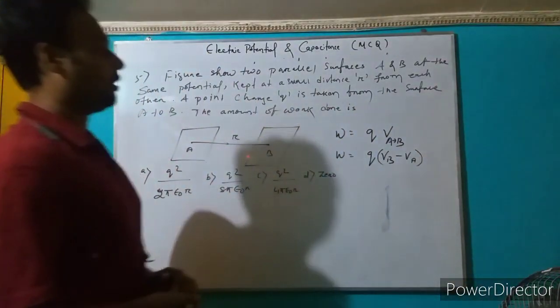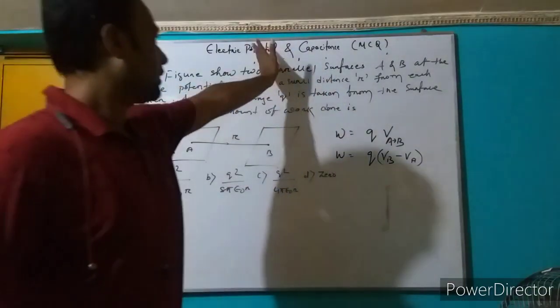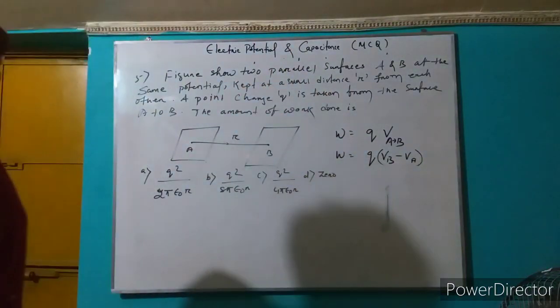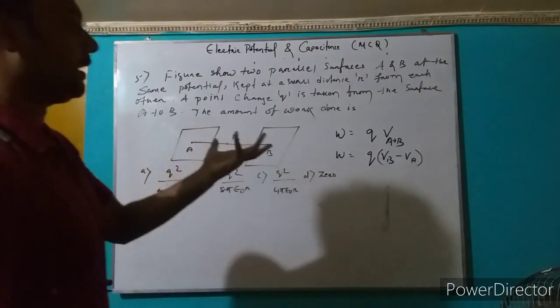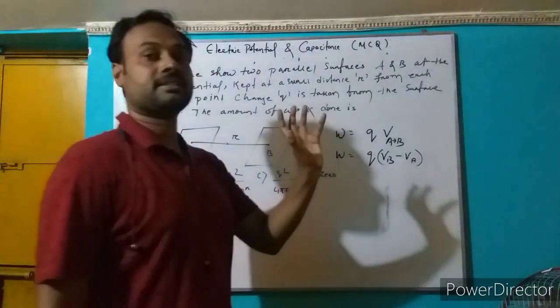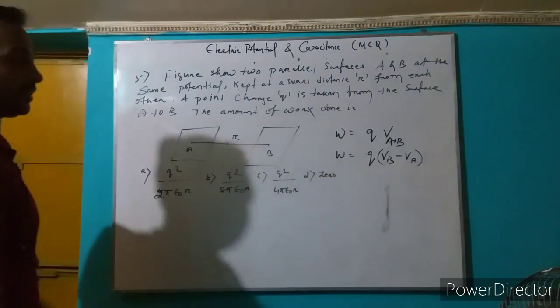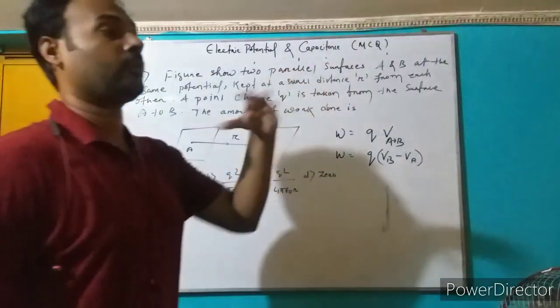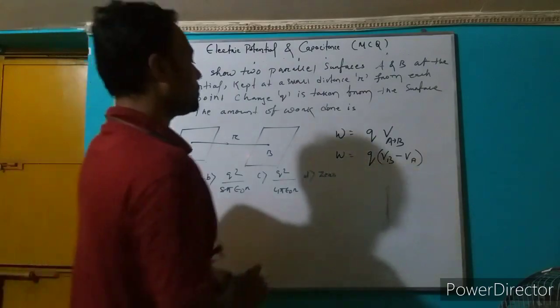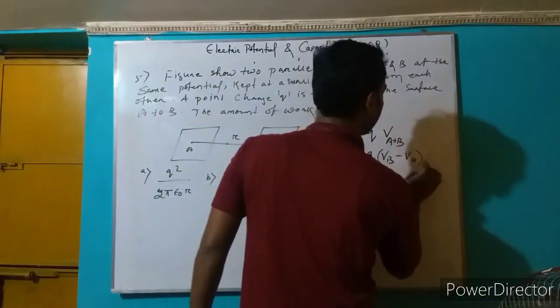You already know from the electric potential chapters that potential difference is the work done to bring a charge from point A to point B. So W equals Q into VB minus VA.